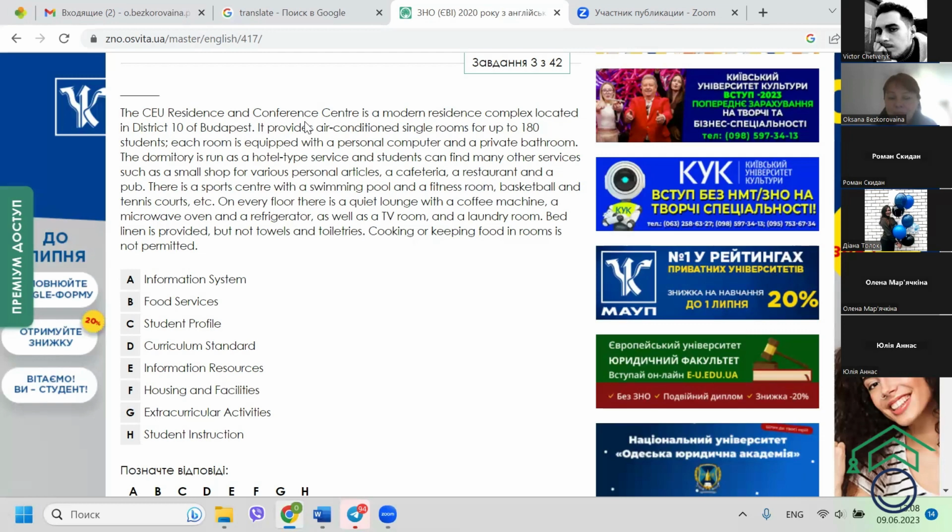It provides confident single rooms for up to 108 students. Remember, 108. The British version is 180, the Americans allow 180. Each room is equipped with a personal computer and a private bathroom.